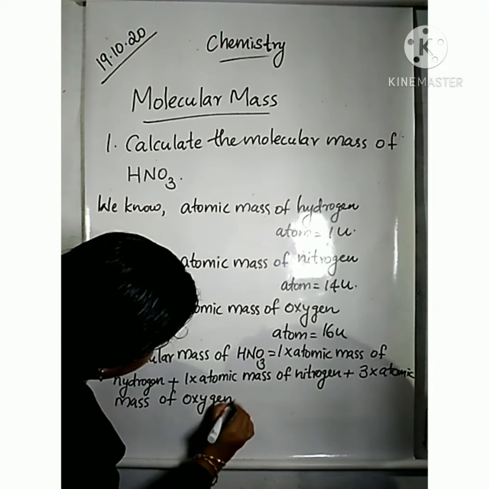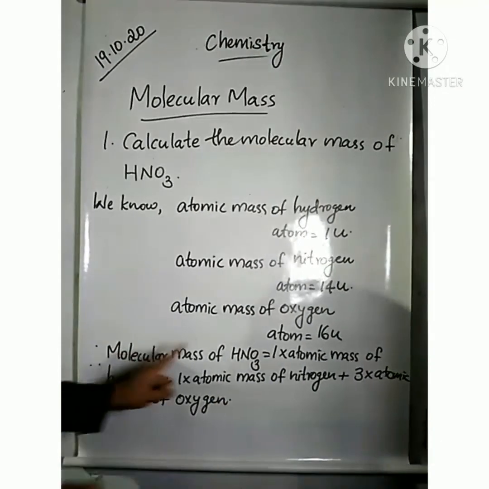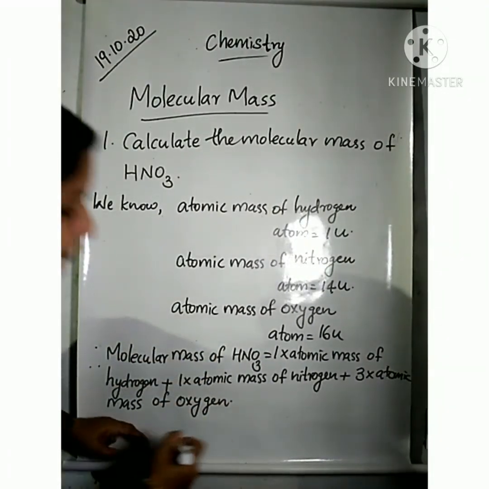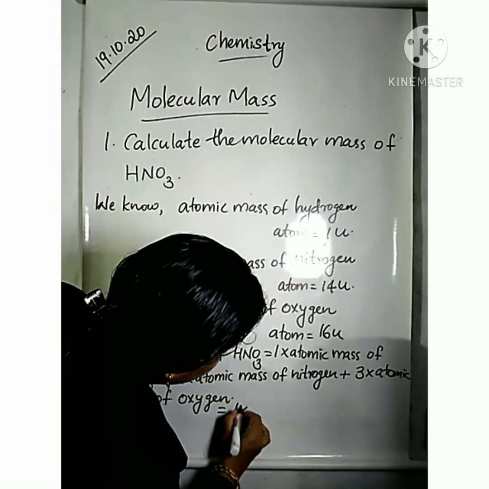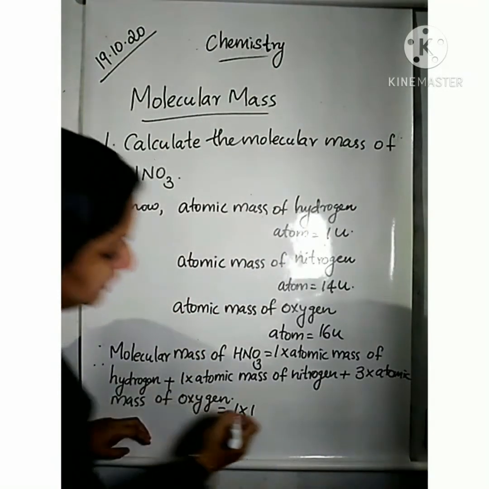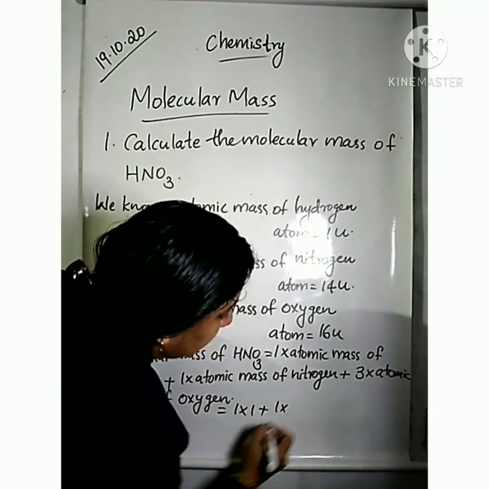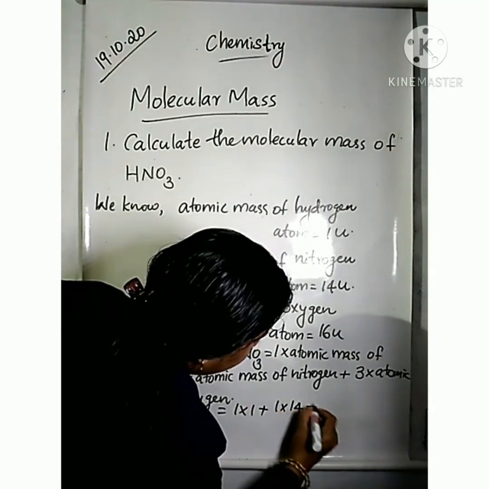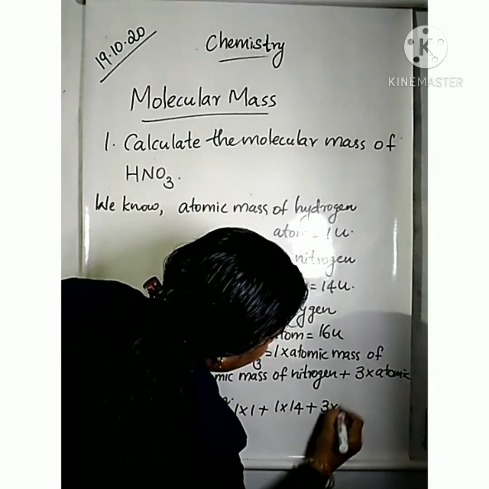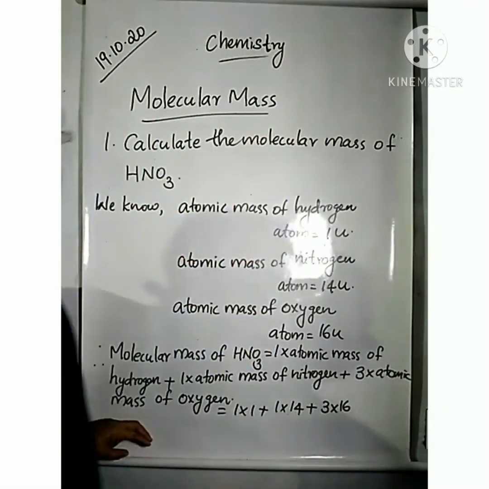This is the molecular mass of nitric acid. So, right here 1 into atomic mass of hydrogen is 1 plus 1 into atomic mass of nitrogen, it is 14, and 3 into atomic mass of oxygen.